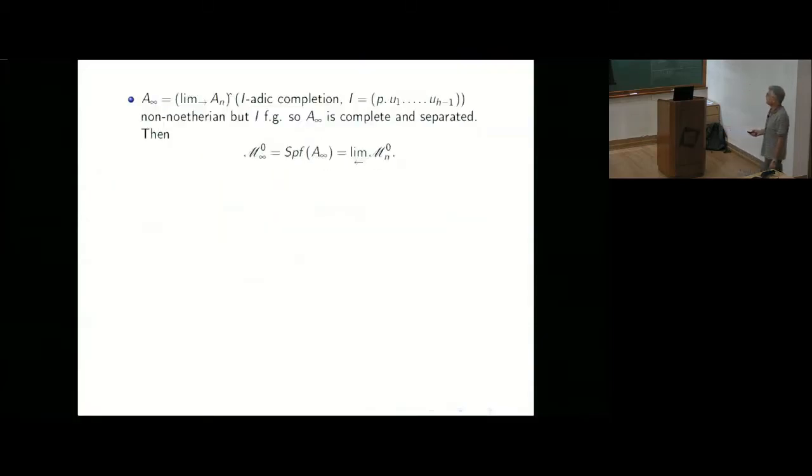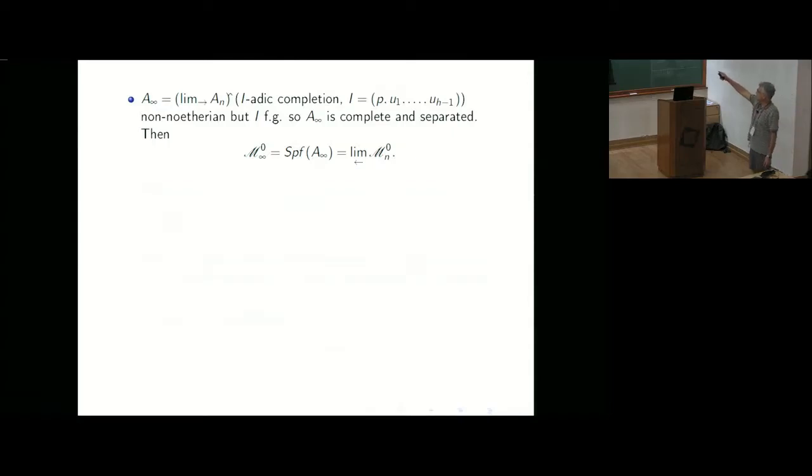And now we can also make a formal scheme in the following way. We can take the direct limit of all these An, and each of it is, remember, a regular local ring, but although the ideal I, which was the maximal ideal of A0, is not maximal anymore, since the maps are finite, you can still complete with respect to the same I and not change the I as you go.